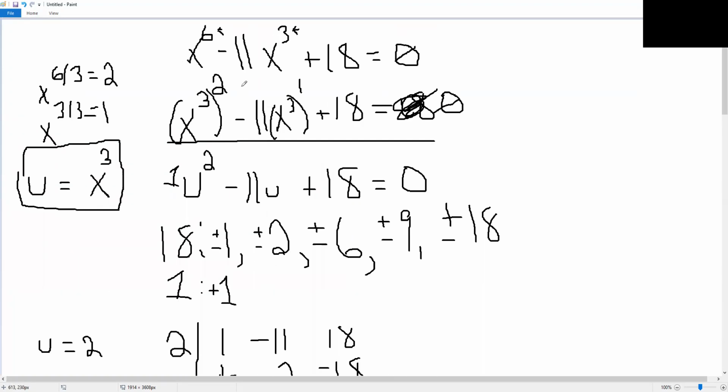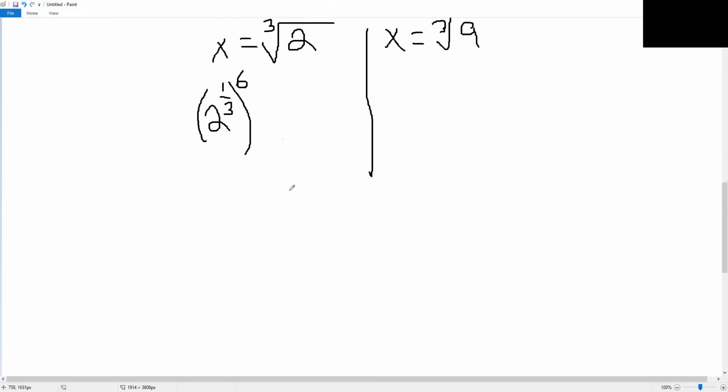So we're actually not using this. We're using this one. Sorry, guys. This one right here to check our work, minus 11 times 2 to the 1/3 power cubed plus 18 equals 0.